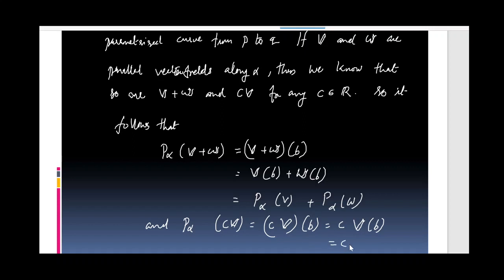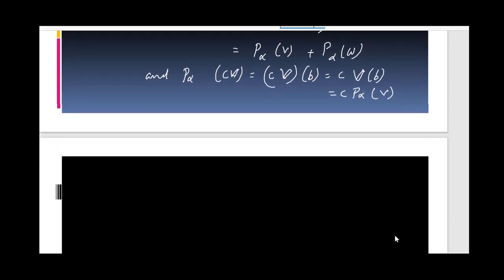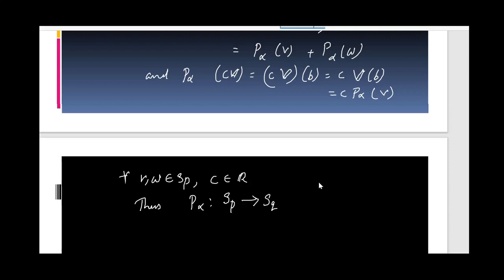That's equal to c times P alpha of V, for every V, W belongs to S_P, c belongs to R. Thus P alpha from S_P to S_Q is linear.